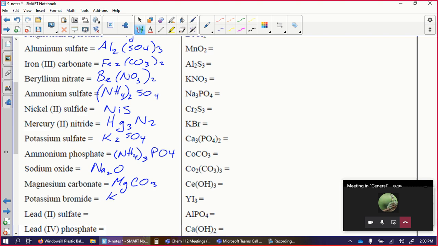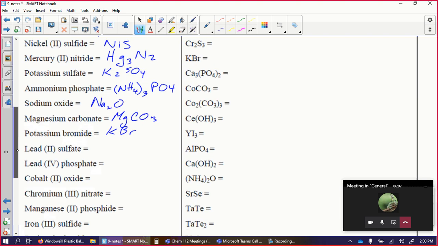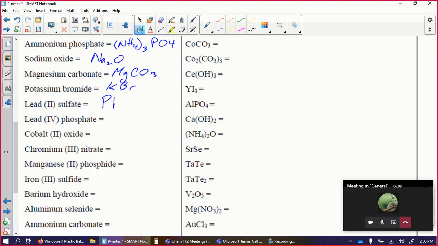MgCO3. KBr. Wow, that was loud. Pb. Lead 3 phosphate. Cobalt oxide. Manganese, not magnesium.